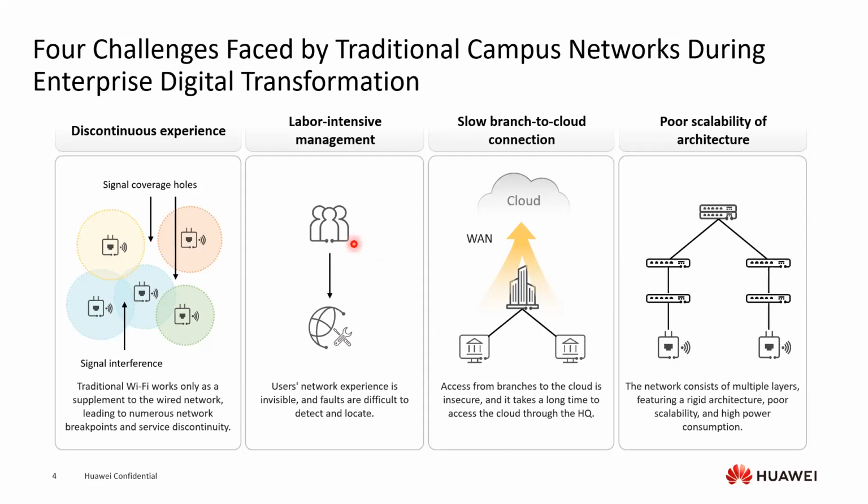Secondly, in a traditional network, whenever an issue occurs, it is a cumbersome task to first locate the issue, identify the fault, and find where the error actually happened. This is very labor-intensive management that makes the life of IT staff miserable whenever they face an issue.